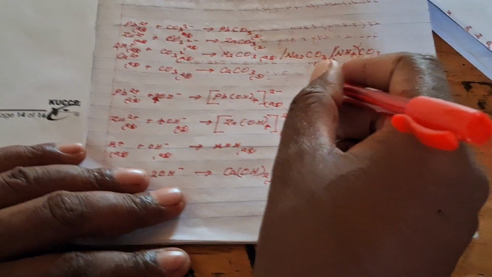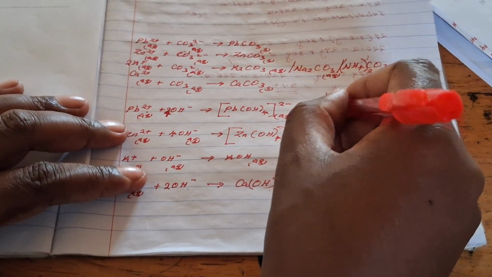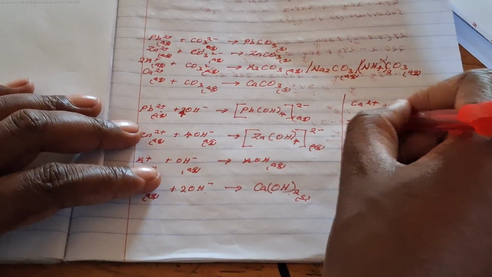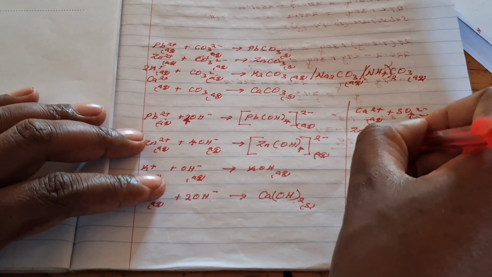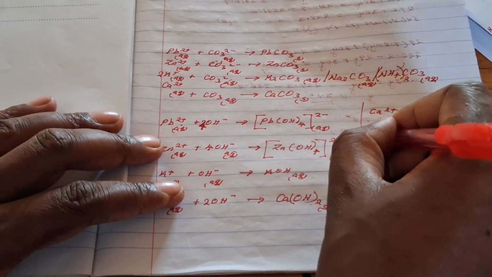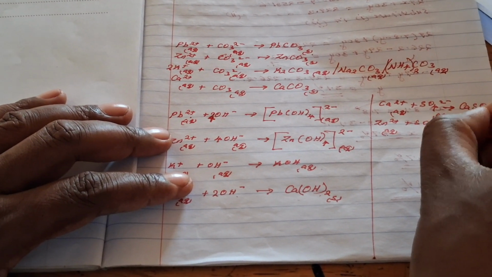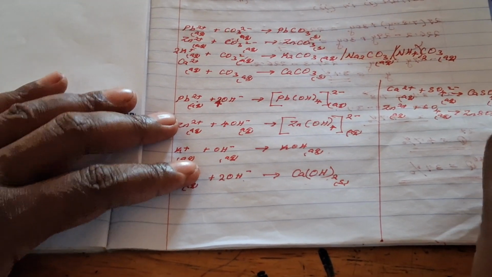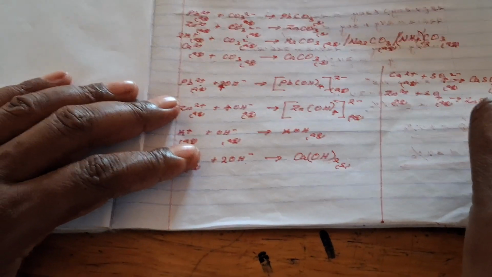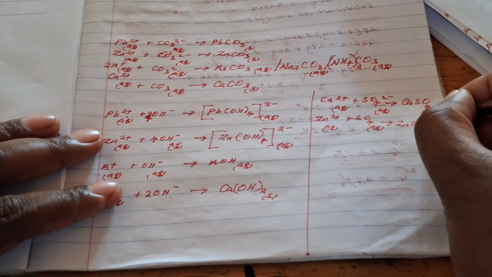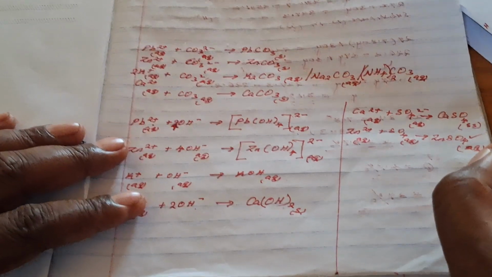Next, we have zinc ions. When they react with sulfate ions from the sulfuric acid, this one will give us zinc sulfate. Zinc sulfate is soluble, therefore this one will be a solution. So it is not this one because it is soluble.